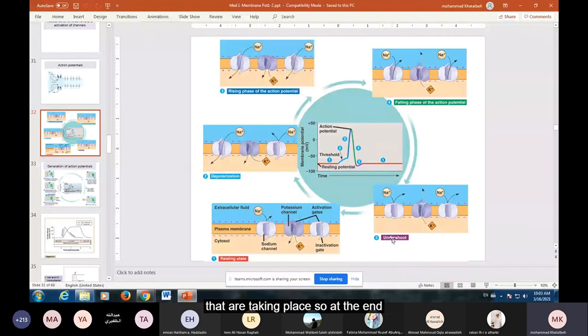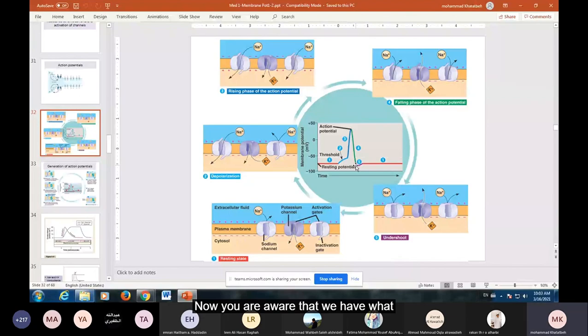At the end of phase 3, we get inactivation of the sodium channels, and also more activity of potassium channels. And by that, we get the phase of the action potential which is called phase 4.